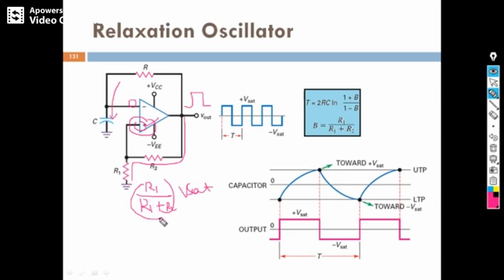This component we will call B. So then the reference voltage is B Vsat. Our capacitor will charge from 0 until it reaches positive Vsat.